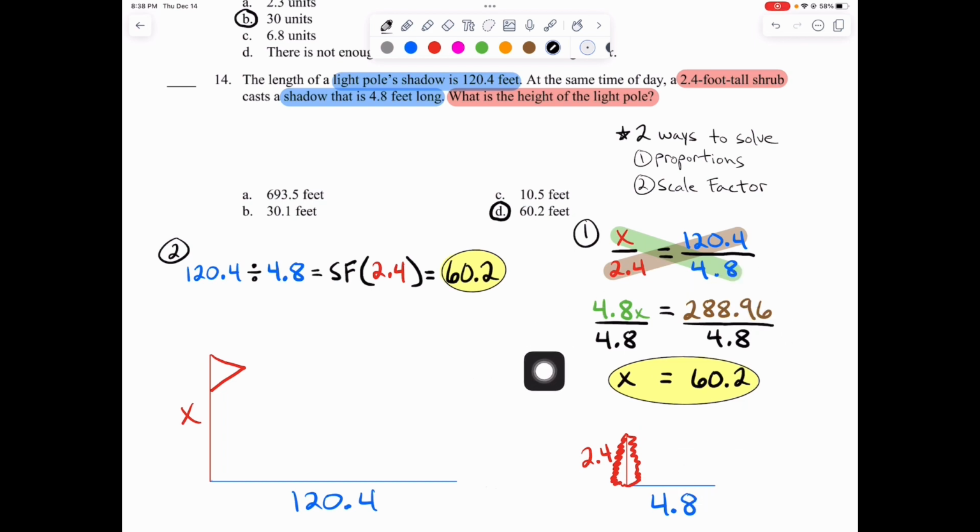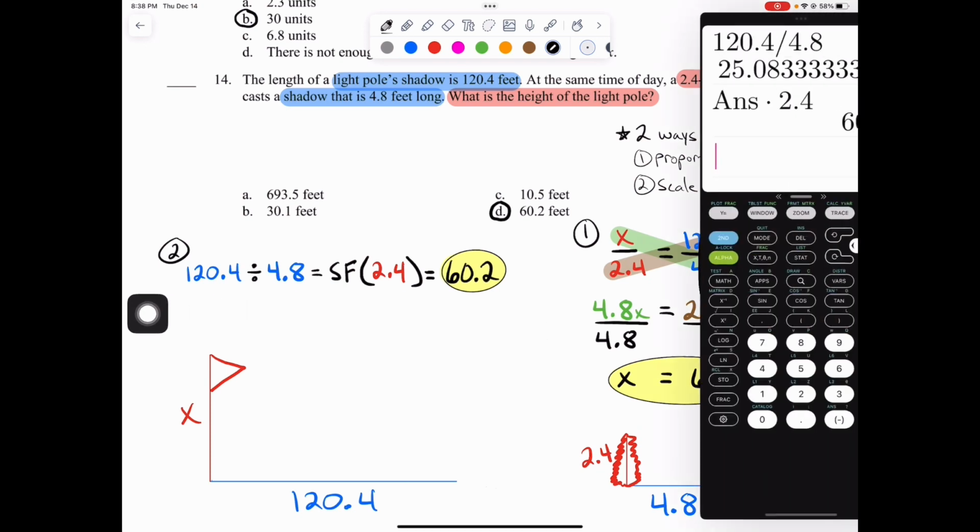From here I simply cross multiplied, x times 4.8, giving us 4.8x equals 2.4 times 120.4, giving us 288.96. All right, you guys are definitely clear on sequencing. We divide each by 4.8, we get x equals 60.2. We also could have done 120.4 divided by 4.8 to give us our scale factor.